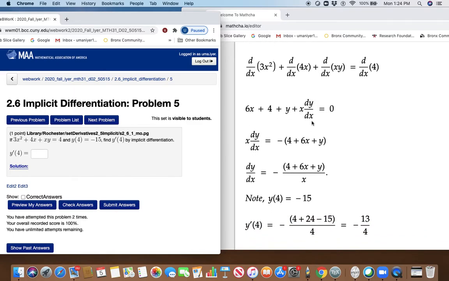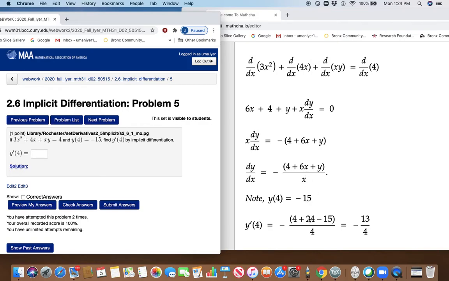You want to solve for dy dx, so take everybody else to the other side, negative, the rest, negative 4, 6x, y. And you want to divide by x eventually. Now, we are told when x is 4, y is negative 15. So you are going to plug in x equals 4 and y negative 15.